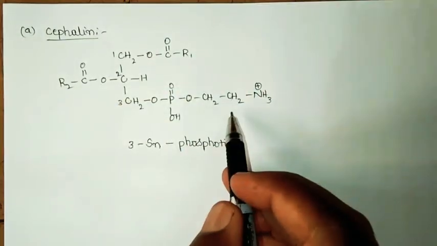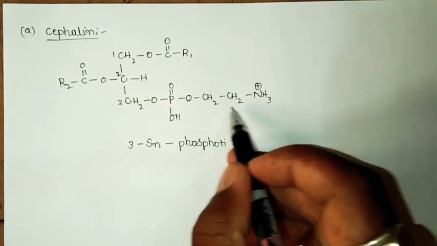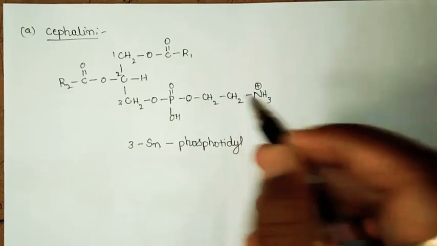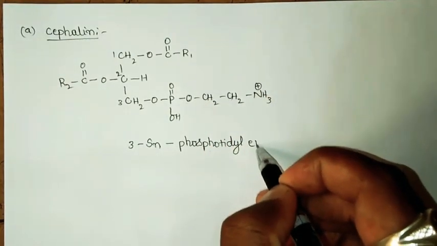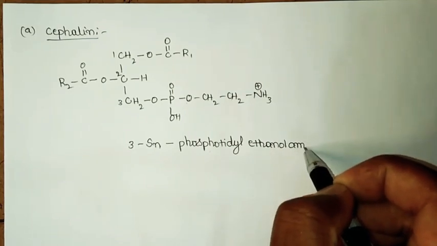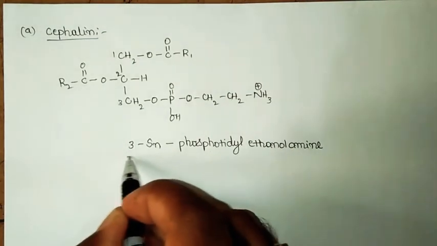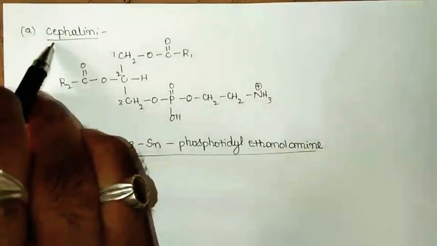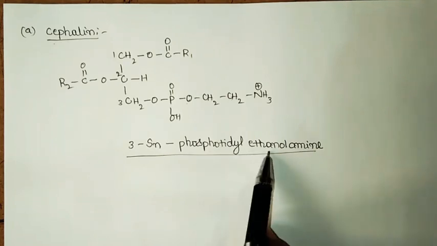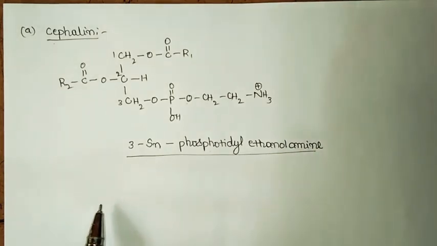It is a derivative of phosphatidic acid, right? So H is removed, so it will become phosphatidyl, and this component is ethanolamine, and this is the actual name of cephalin, 3-SN phosphatidyl ethanolamine.